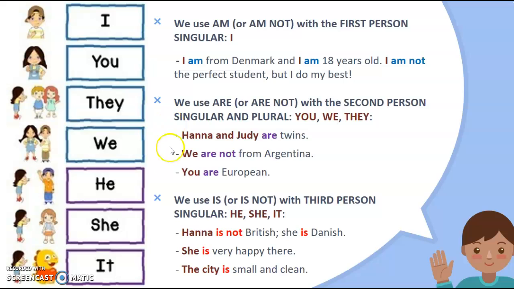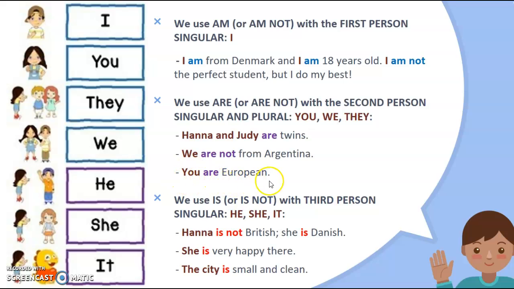In the second example, we have the second person singular and plural, you, we, and they. In all the examples we have used are. Remember that we always use are with you, we, and they. Hannah and Judy are twins.